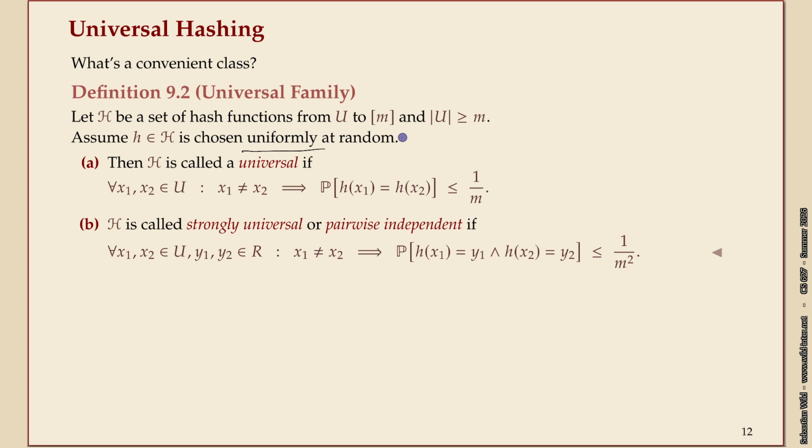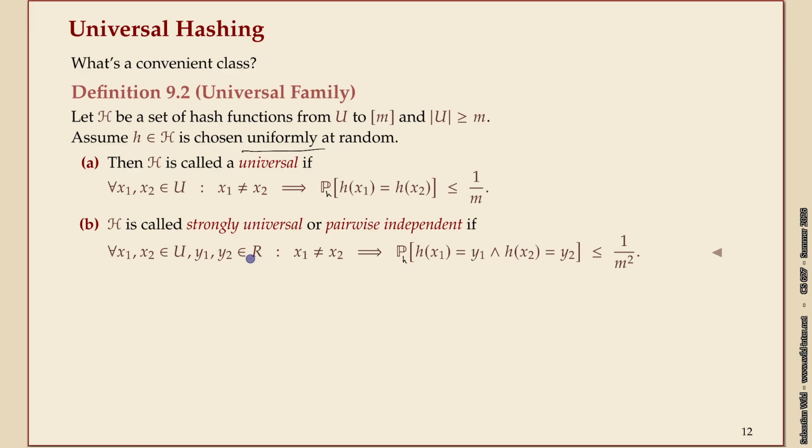And if we pick a class capital H here, where the following things are true, then it's either called universal or strongly universal. For universal, we want that for any two different elements in the universe, the probability that they collide under our random hash function, so in all these cases here the probability is over the hash function, to be 1 over m.